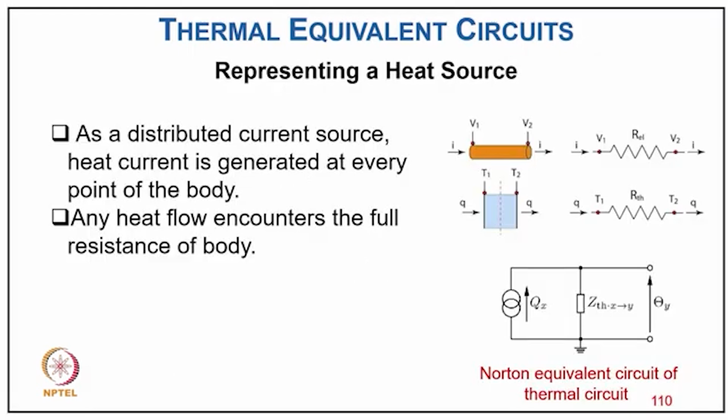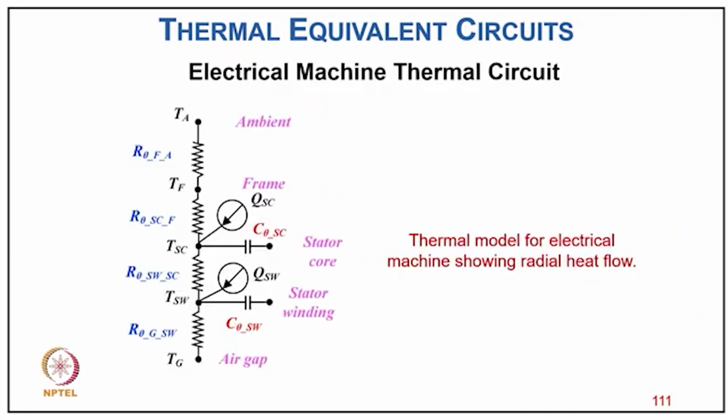Now typically coming to presenting the heat source as a distributed current source, heat current is generated by every point of the body, and any heat flow encounters the thermal resistivity of the material, as you can see in these diagrams with the heat dissipation, and then you have a typical thermal equivalent circuit. And this is typically the thermal model of an electrical machine showing the radial heat flow with the different junctions like Ta, Tf, Tsc, Tsw and Tg, that is the air gap.